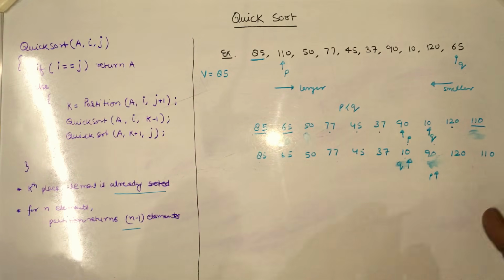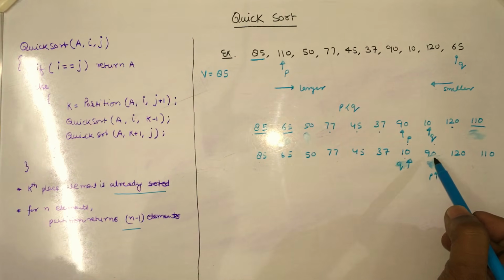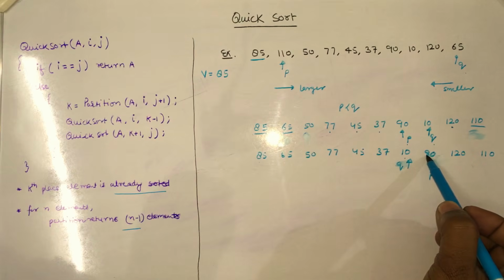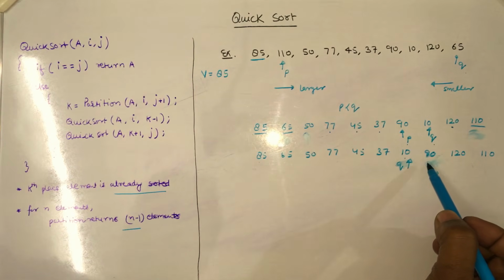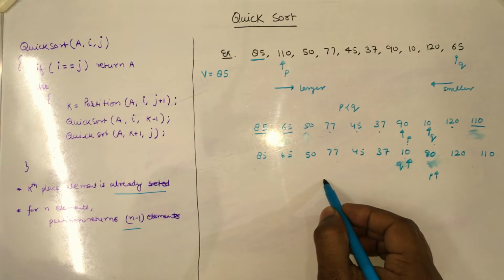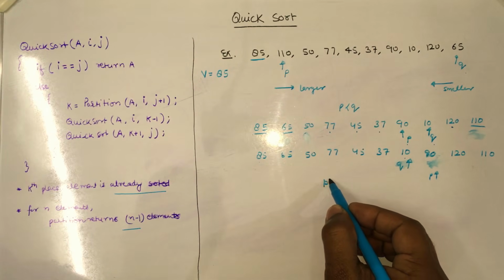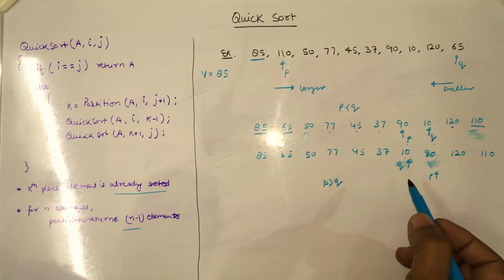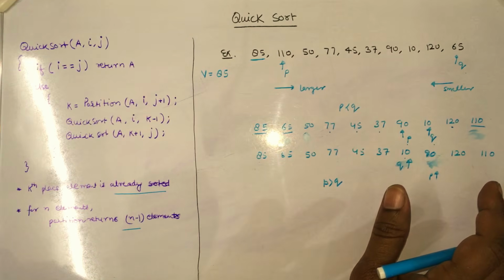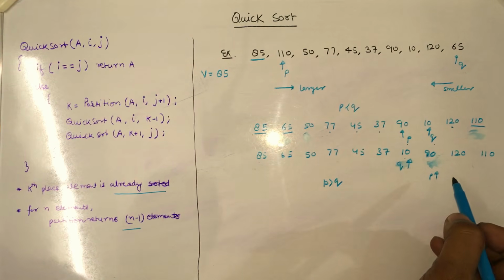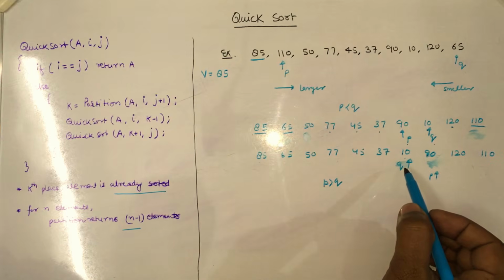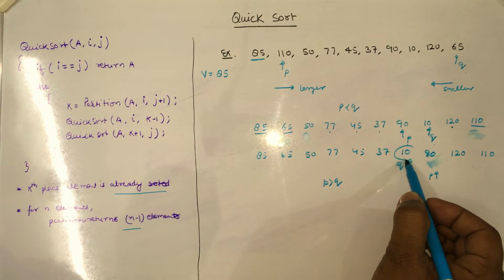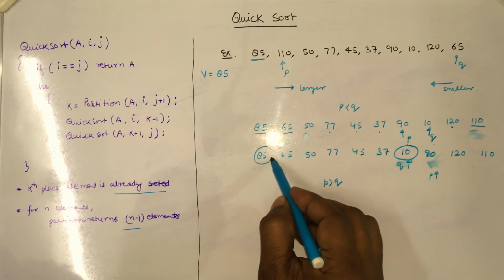Now when you stop Q, you can check that whenever the value of P is greater than Q, then one pass is completed and I have to swap the value of Q with the pivot element.